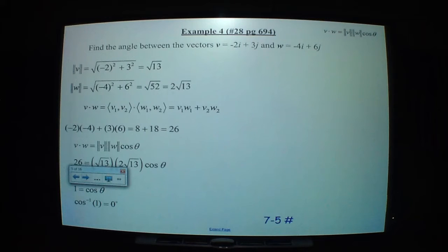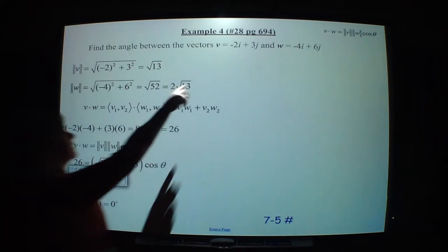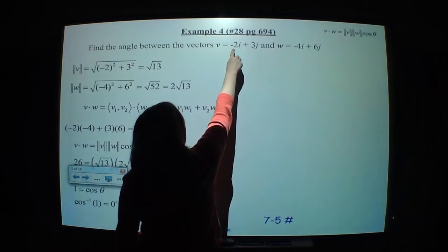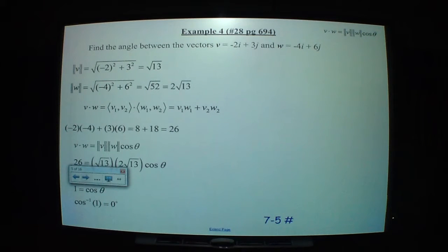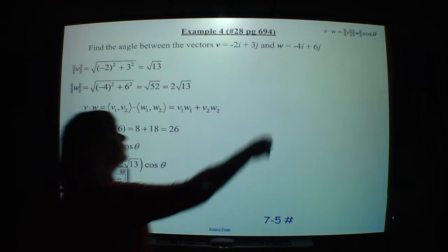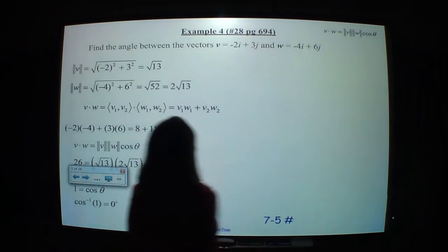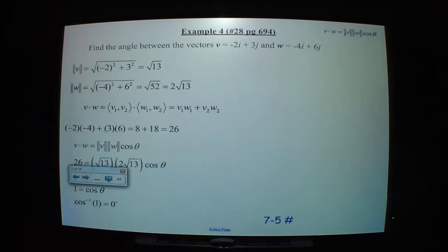Again, the same formula. Remember, the dot product of the two vectors is equal to the magnitude of one times the magnitude of the other times the cosine of the angle in between them. So let's find the magnitudes. The magnitude of the first vector would be the square root of -2 squared plus 3 squared. So 4 plus 9 is 13, so it's the square root of 13. The magnitude of this one would be 16 plus 36, which is 52.